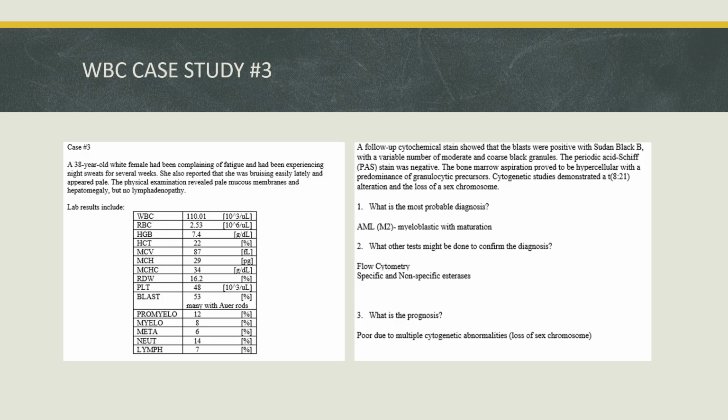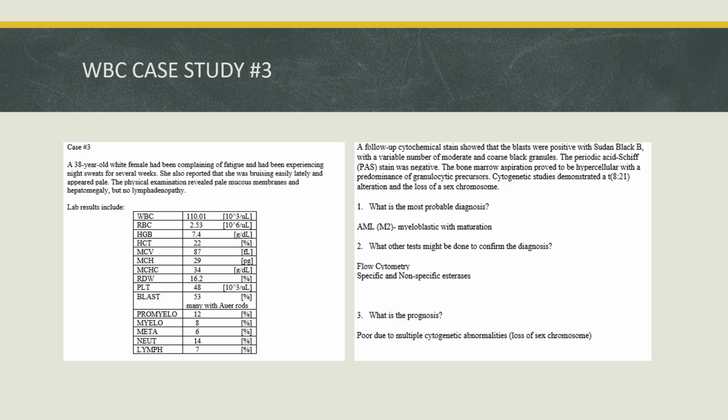We could do specific and non-specific esterases just to prove that only granulocytes are making up the majority of that cell population. And we are definitely going to want to do flow cytometry. Flow cytometry is going to narrow it down so specifically to the cell markers that are present on those malignant white blood cells.